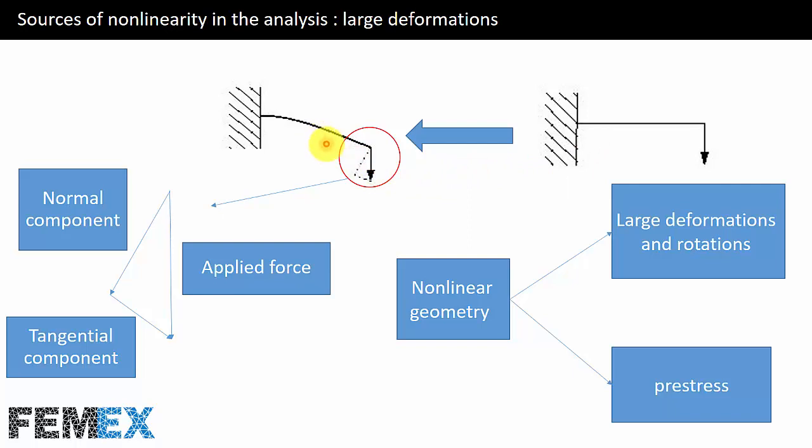You can see that after some time, the angle between this component that is normal to the tip of the bar and the direction of the applied force increases, and it increases until the size of this angle is more than 6 degrees.